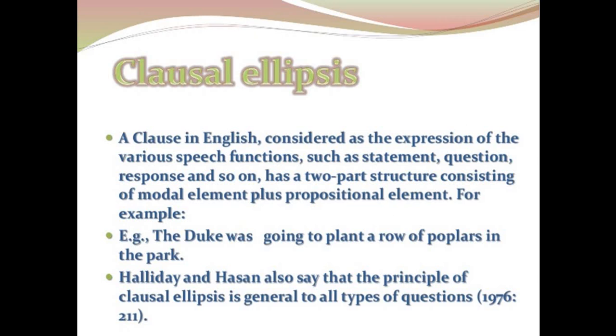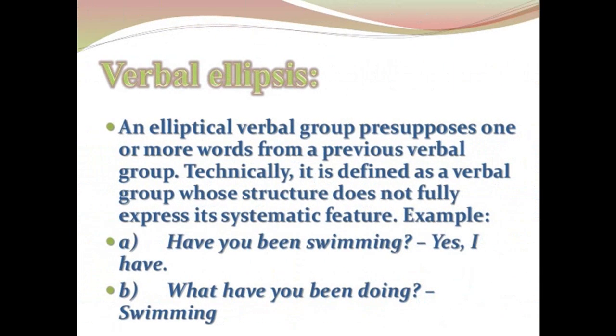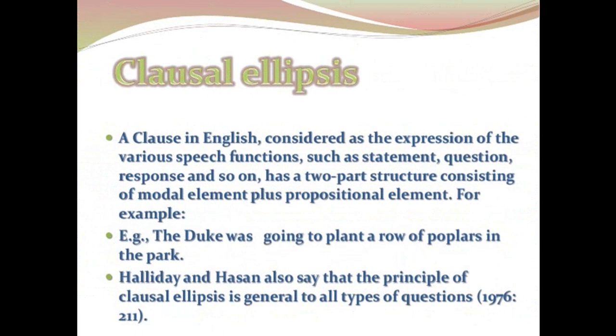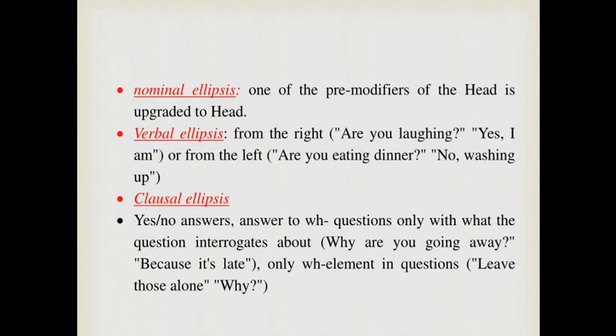Halliday and Hasan also say that the principle of clausal ellipsis is general to all types of questions. So, nominal ellipsis: one of the premodifiers of the head is upgraded to the head. Verbal ellipsis, from the right: are you laughing? Yes, I am.